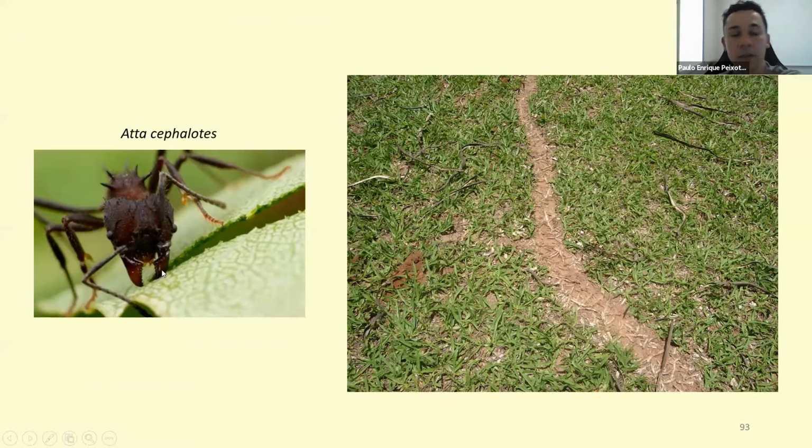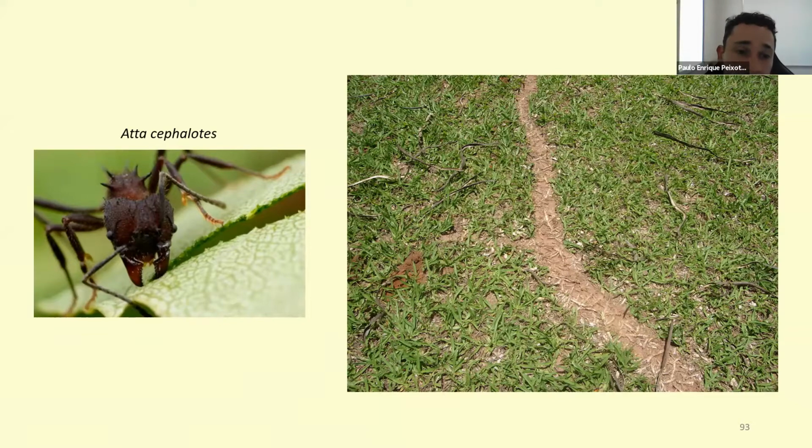In this species, the workers cut leaves from many different trees. They take these leaves to the nest, and the leaves are used as a substrate for a fungus that will grow upon them, and the ants eat the reproductive body of this fungus, okay?